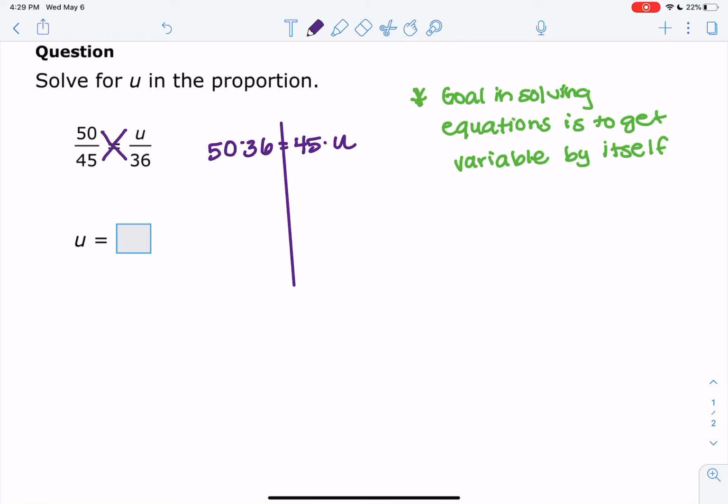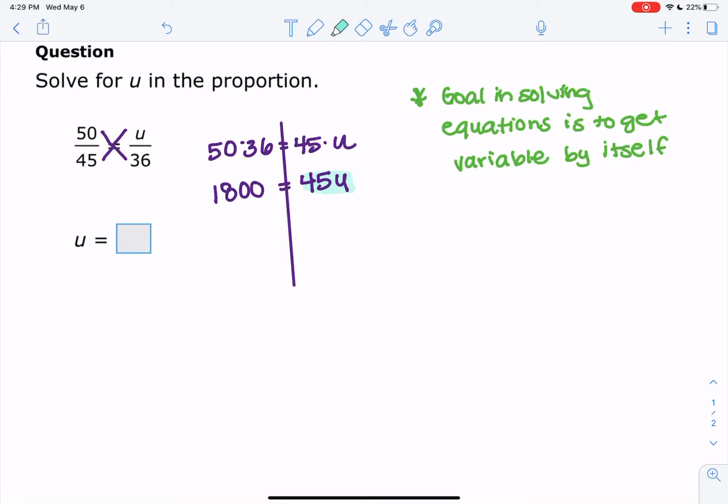And I'm going to use my calculator to multiply 50 times 36. So 50 times 36, I get 1800. 45 times U is just 45U. And when there is a number in front of a variable, it means to multiply.